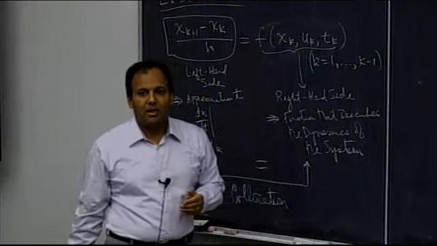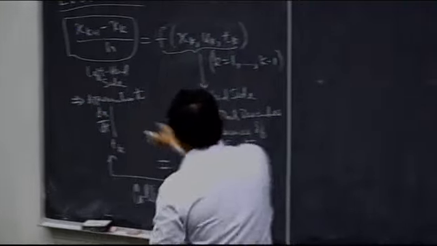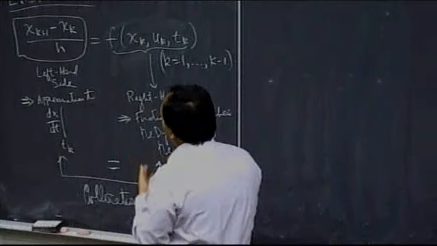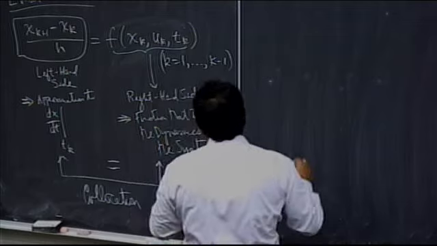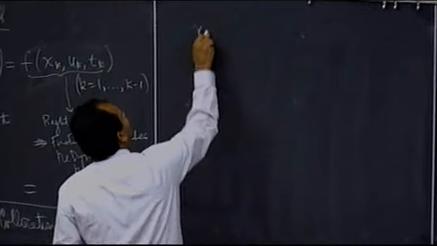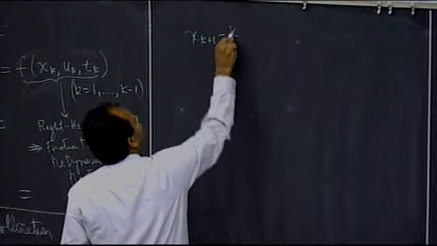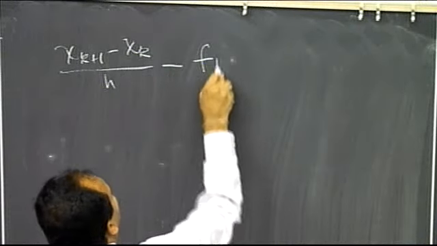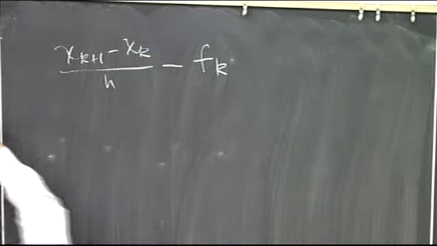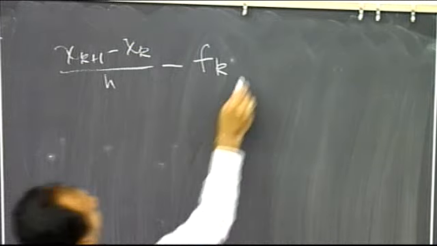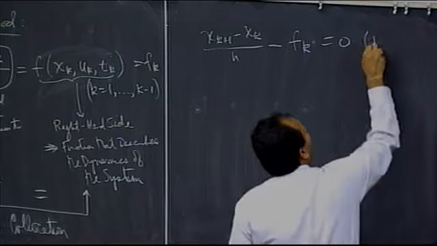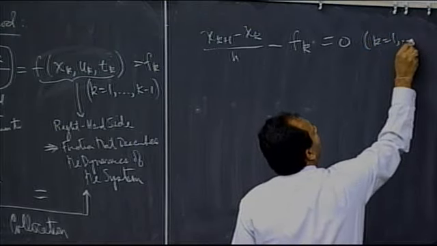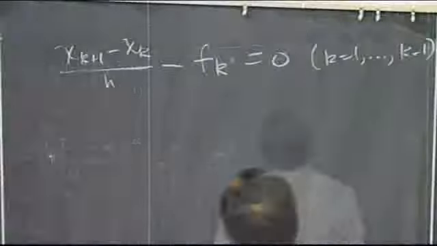So I'm collocating. The way this actually gets written is you don't write it this way, because when you actually solve nonlinear programming problems, you write it in this form. You write it as x_{k+1} minus x_k, well, this is one way to write it anyway, divided by h, minus f_k, equals 0 for k going from 1 to K minus 1.